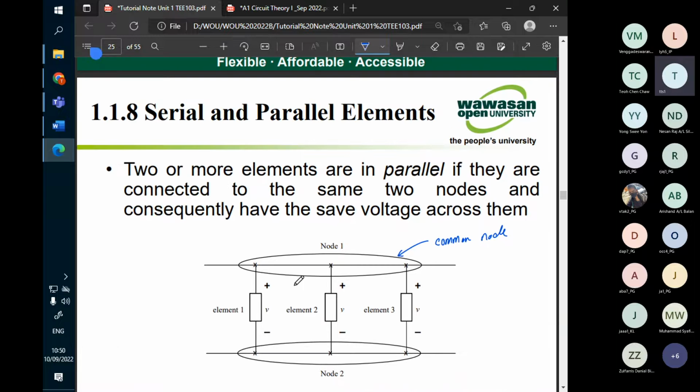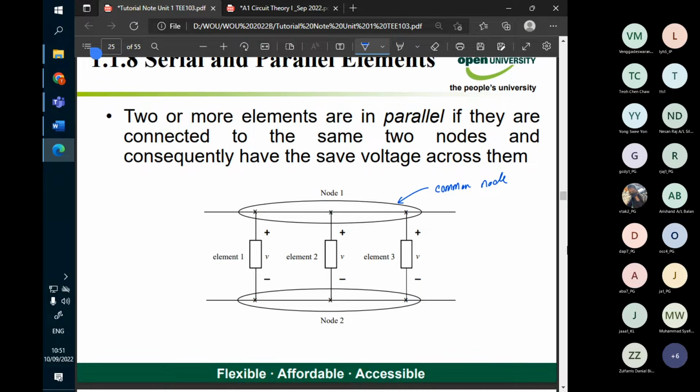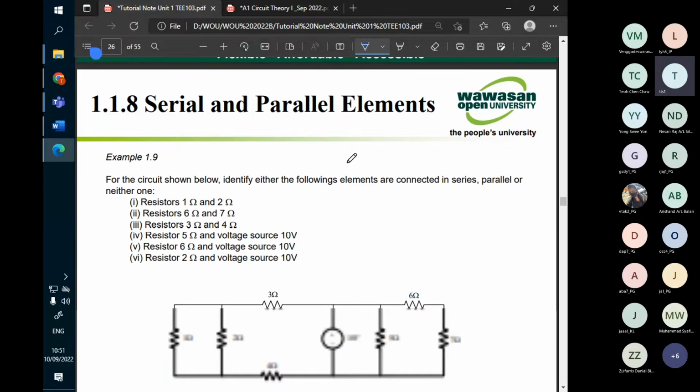In this configuration, they call it parallel. Since they are sharing the same node, the current can flow through at the same time. The same current can flow through these three different components, because they are sharing the same node here and here. So we should have the same current flowing through.